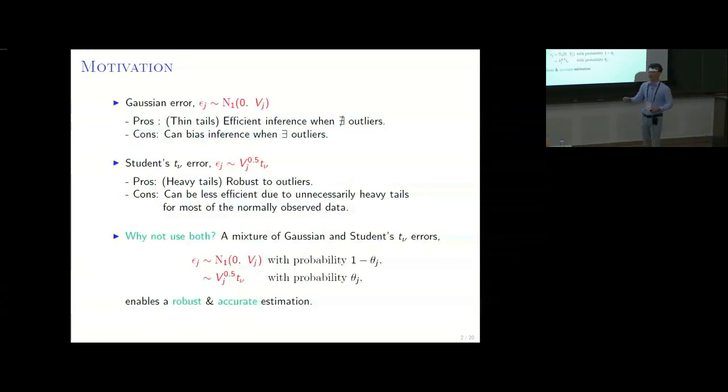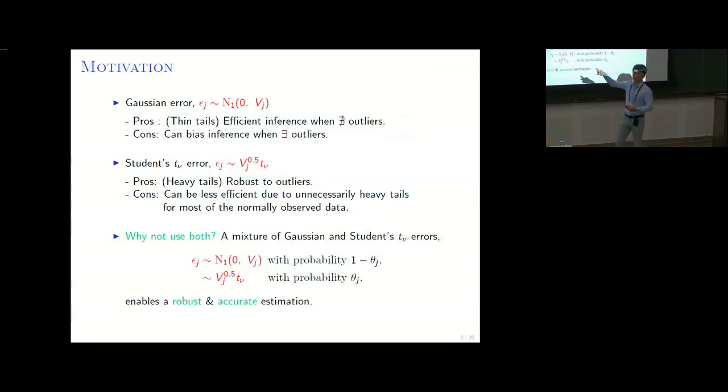So I confirmed that most of you are using Gaussian error models. Maybe that's because this is convenient mathematically, computationally, or theoretically. However, although the Gaussian error model can be efficient without outliers, it can be very biased if there exist outliers.